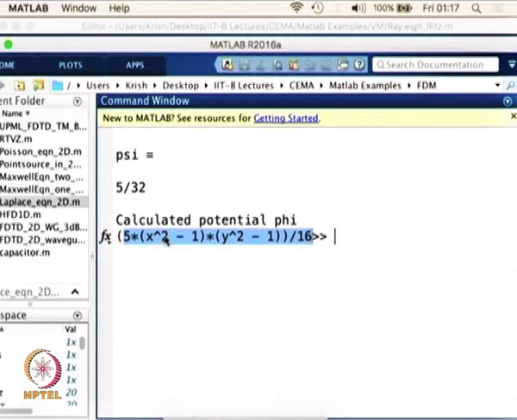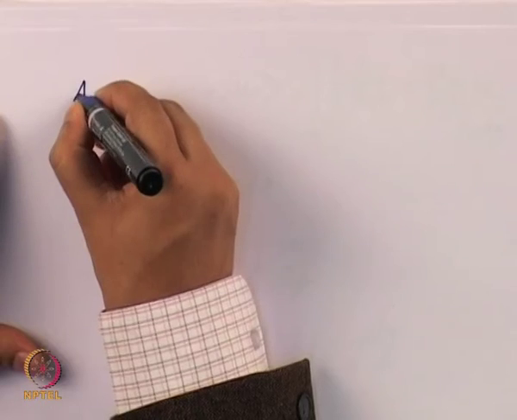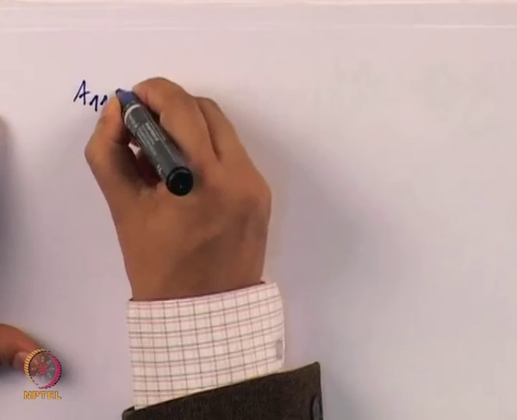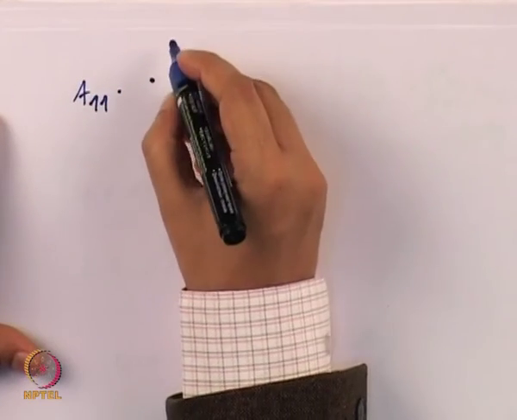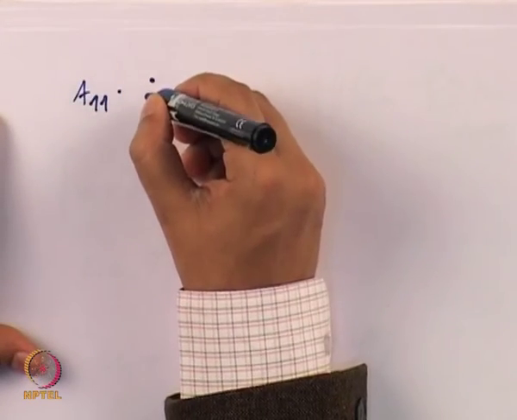do not forget the value that we have chosen for u1, so let me explain this. So the coefficient is a11 multiplied by the value of u that we are having.